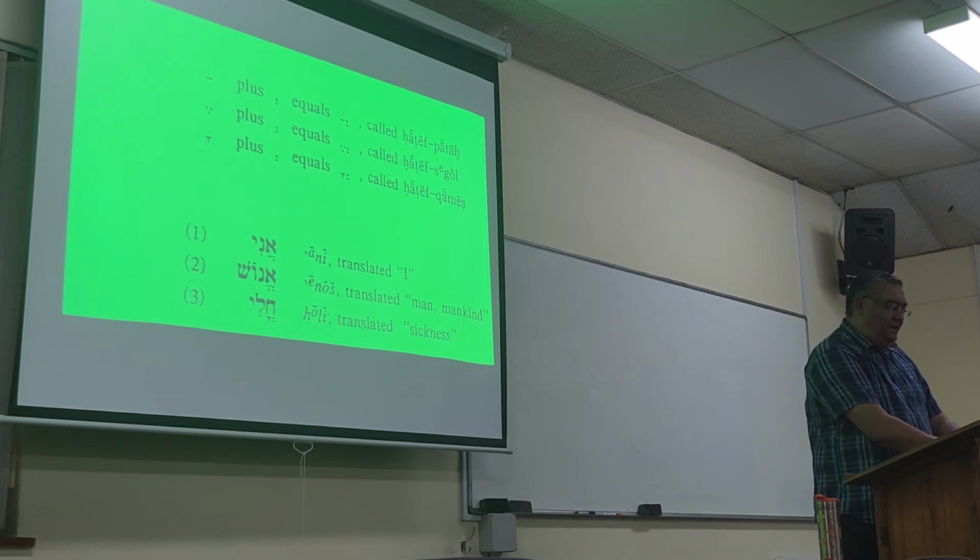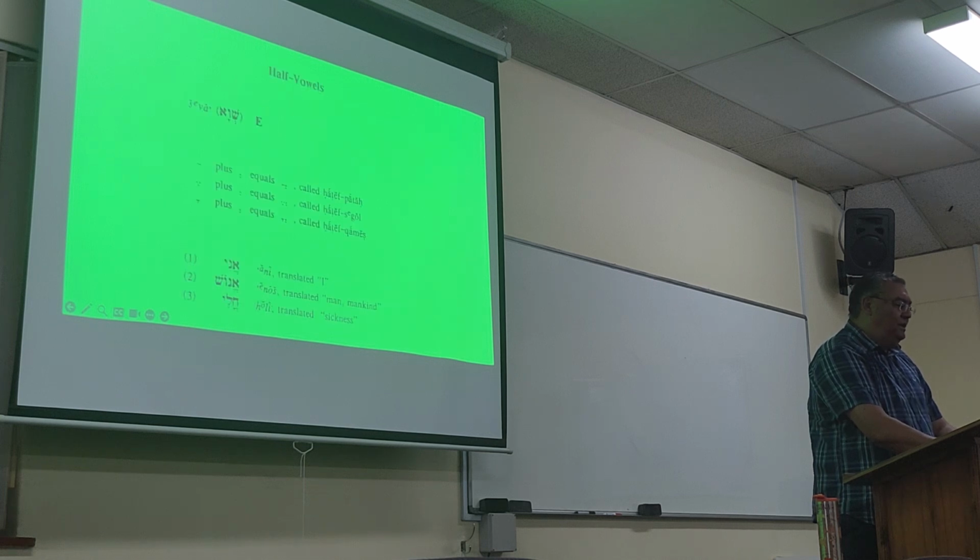And those, ladies and gentlemen, are then your half vowels in Biblical Hebrew. Their classes are: Shava is an E class vowel, Chatif Patach is an A class vowel, Chatif Segol is an E class vowel, and Chatif Kametz is an O class vowel.